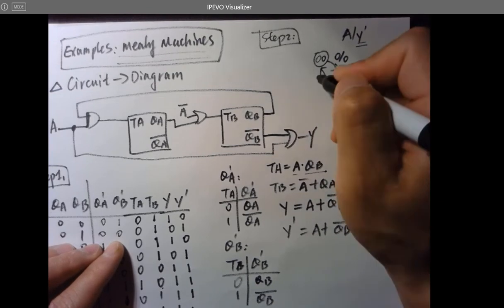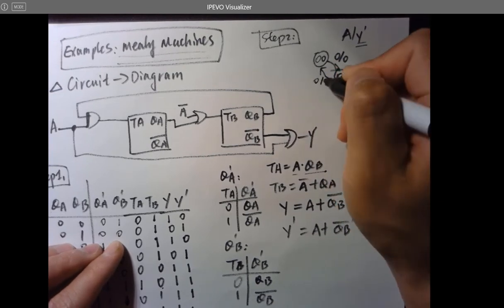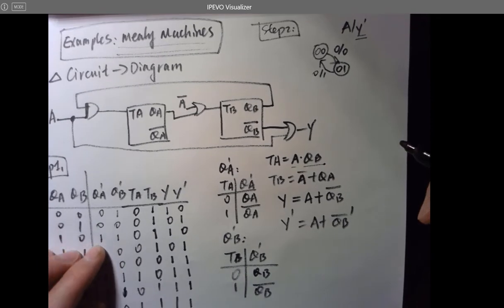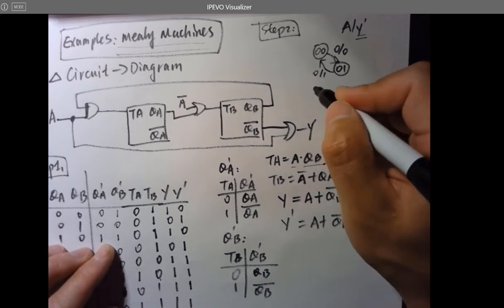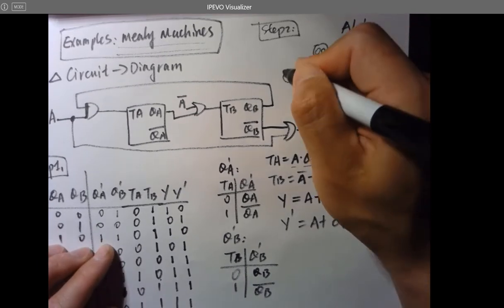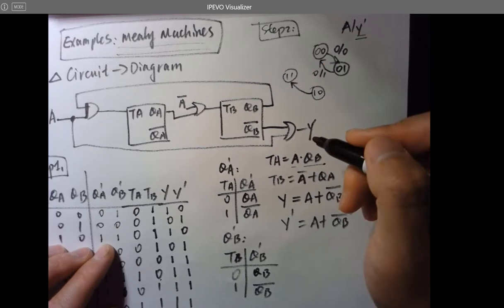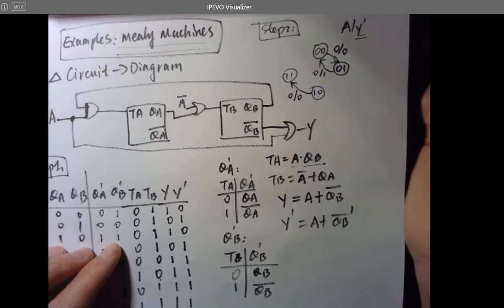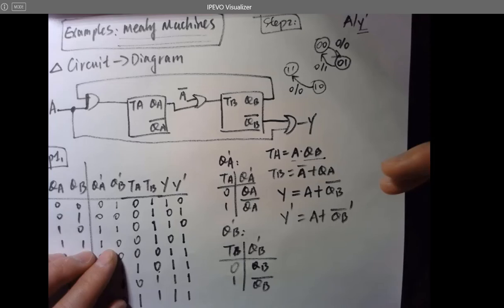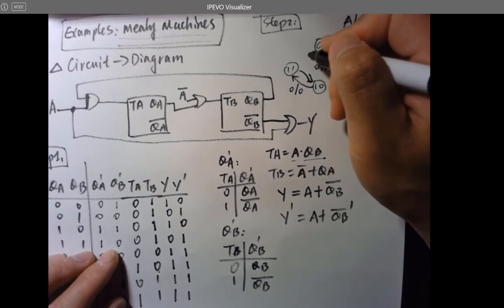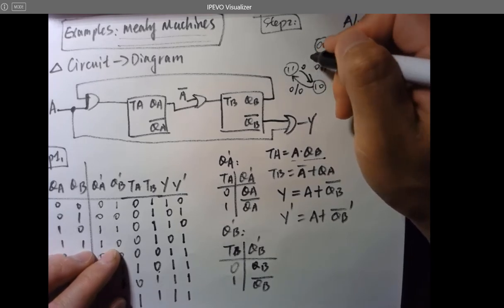And you need A to be 0 and y prime to be 1. Right? And 1, 0 to 1, 1, you need A to be 0 and you need y prime to be 0 as well. 1, 1 to 1, 0, you need A to be 0 and y prime to be 1.